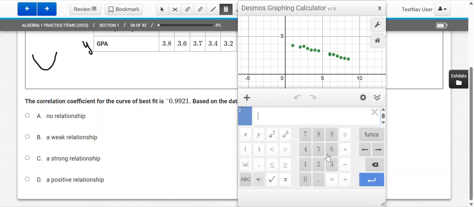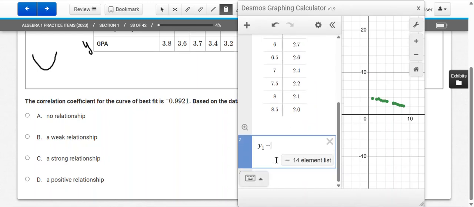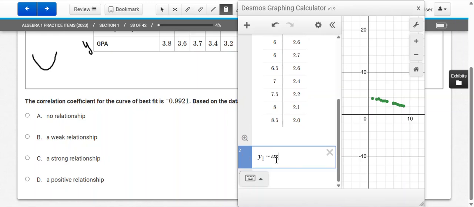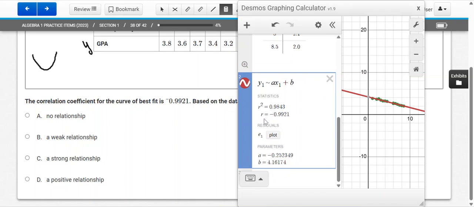Okay. So let me go ahead and plug the linear regression in here and then show you where that came from. So linear is y1 regressed against ax1 plus b, and then my correlation coefficient is negative 0.9921.